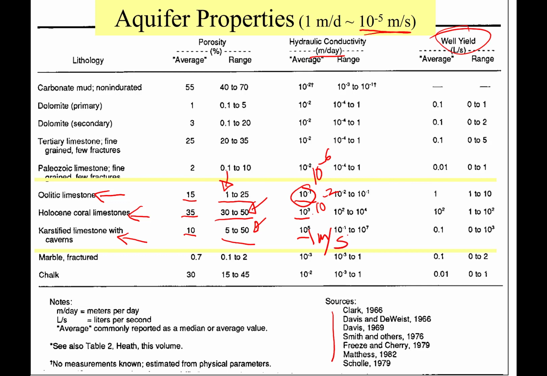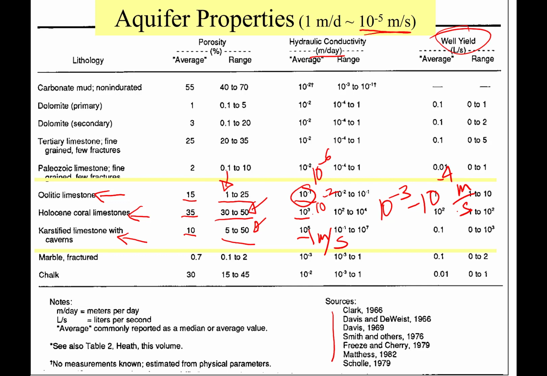So remember, when we looked at the alluvial aquifers, we saw 10 to the minus 3 to 10 to the minus 4 meters per second was a typical value for good productive alluvial aquifers.